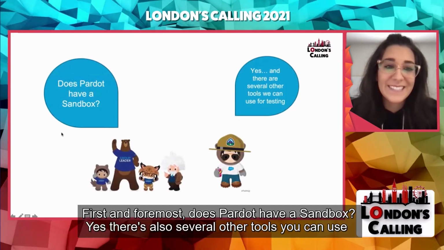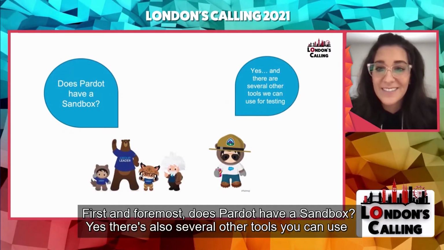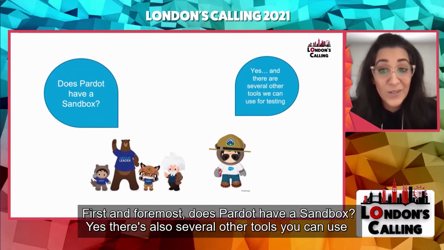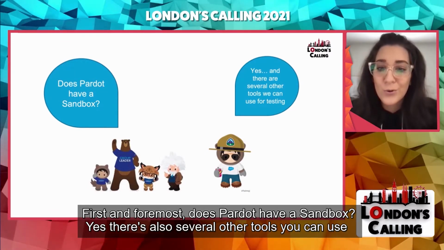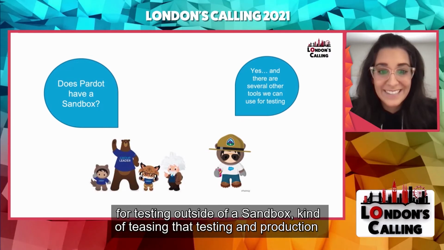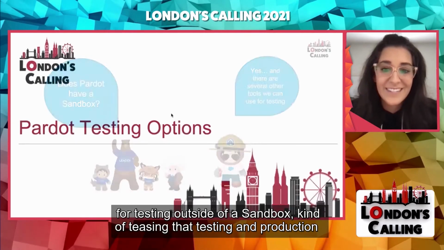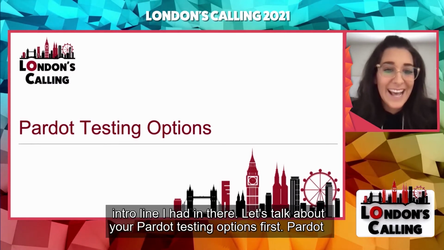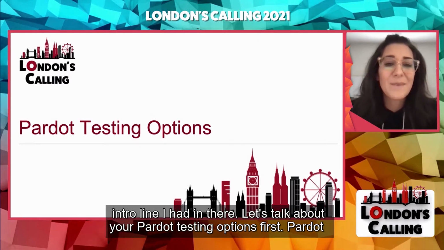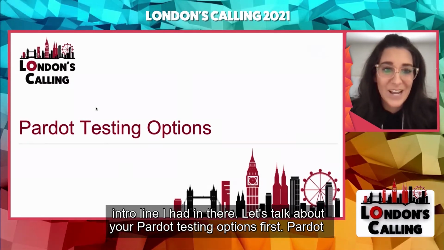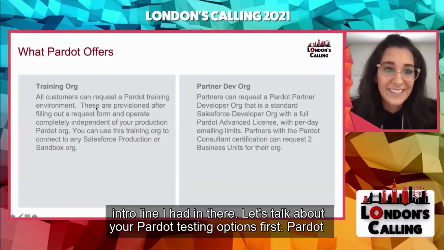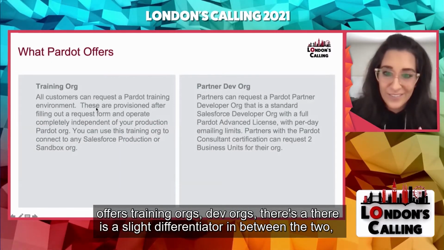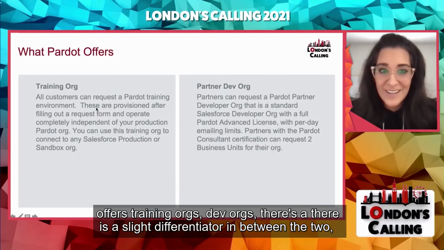First and foremost, does Pardot have a sandbox? Yes. There's also several other tools you can use for testing outside of a sandbox. Kind of teasing that testing in production intro line I had in there. Let's talk about your Pardot testing options first. Pardot offers training orgs and dev orgs.